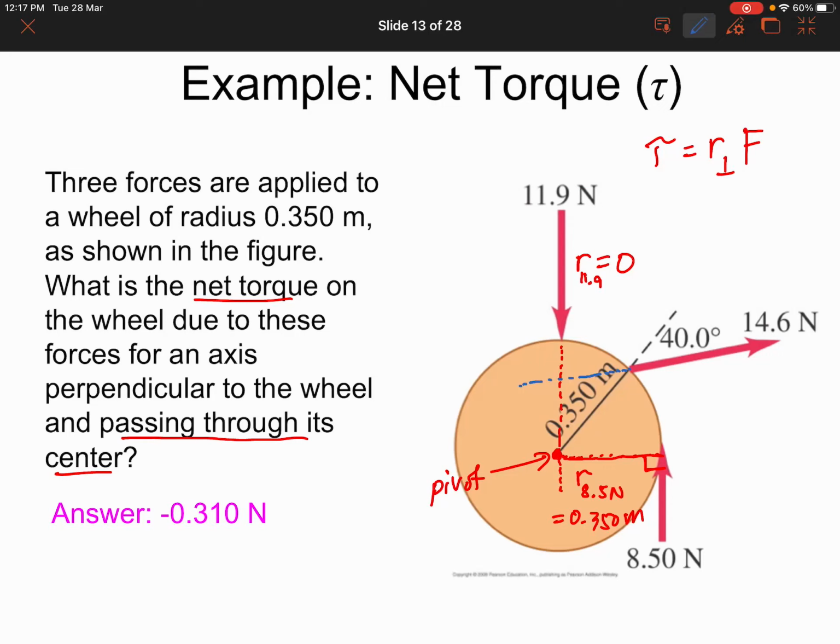The moment arm should be perpendicular to the extended force.